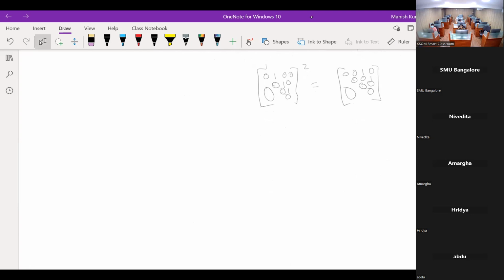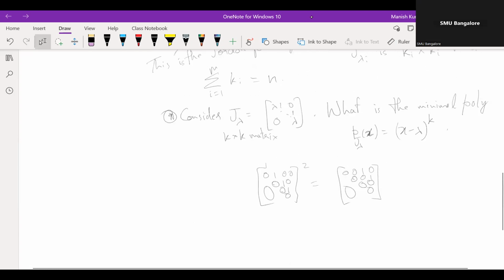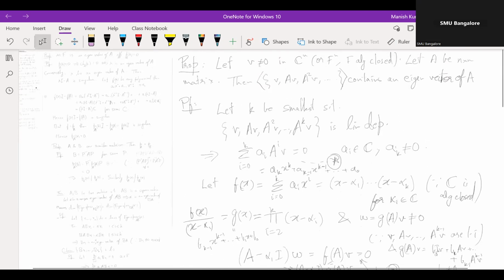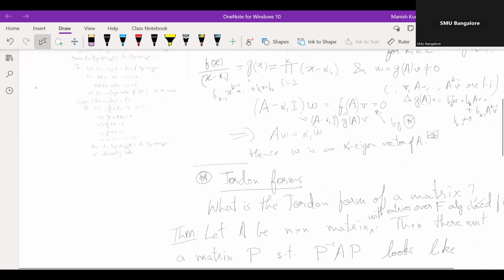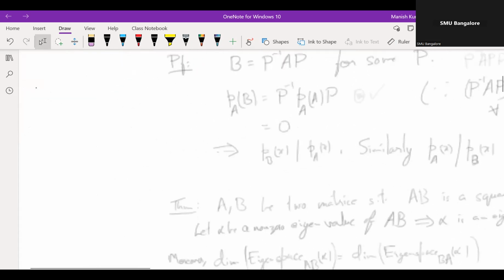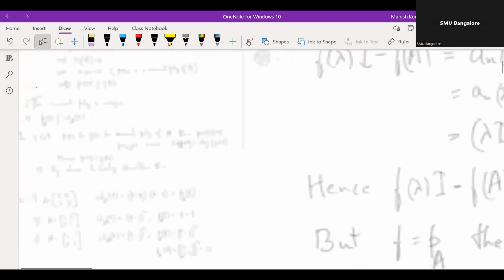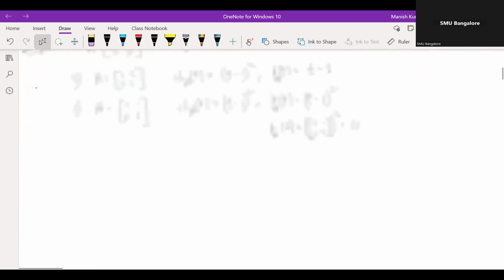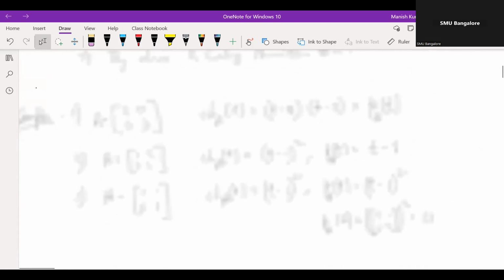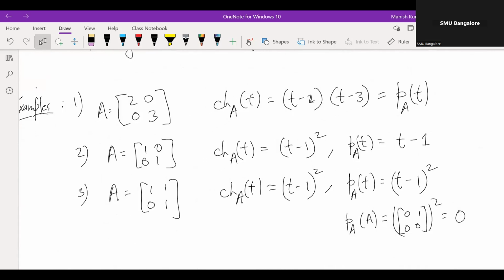Let's look at these 3 examples. They are more or less in Jordan form, but let's try to make it consistent with our notation.